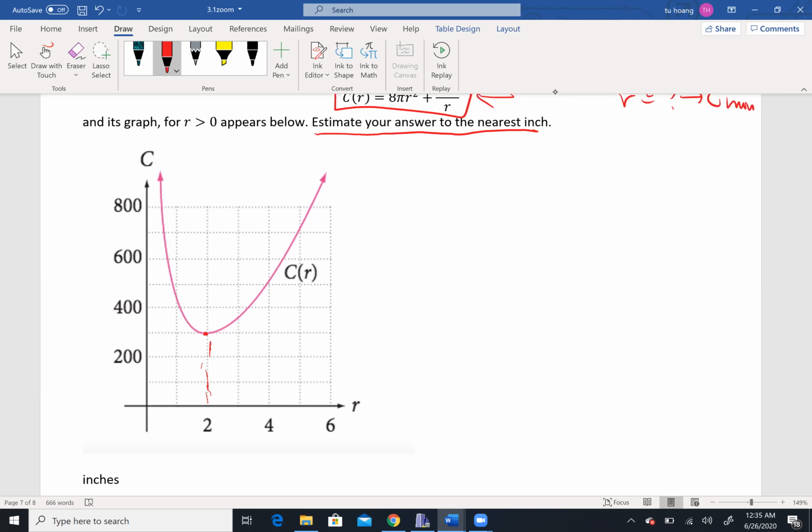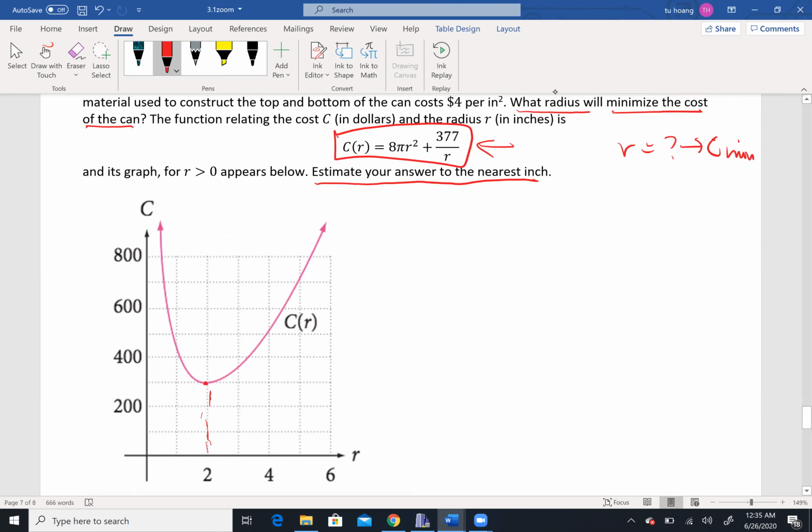All right. So what you do is you say, okay, first you need to take the derivative of C(r), right? So C'(r) is going to be equal to, remember that 8 pi in here is a constant, so you still keep 8 pi.